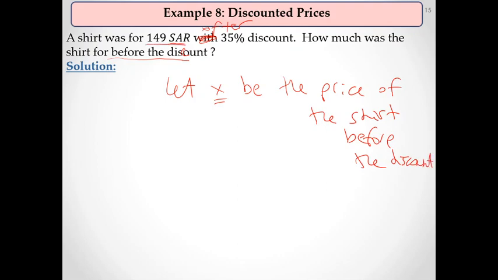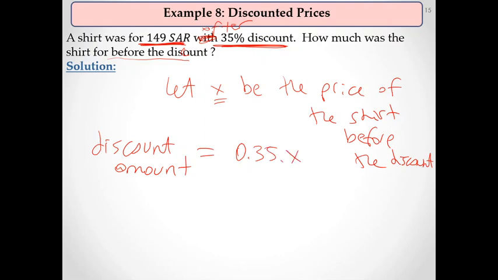Then how do you get 149 SAR and the 35% discount? You can say the discount amount is 35%, which means 0.35x. A 35% discount means you multiply 35 divided by 100 times x, so you can write it as 0.35 times x. This is a multiplication, and this is the decimal point.